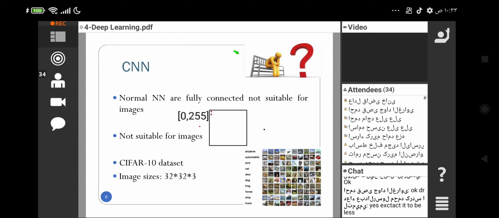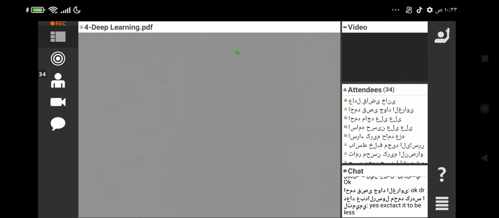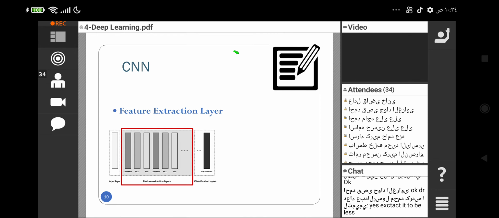But in the image data, in the text data, in the sound data, in all of these complicated data, we have to do feature extraction. We have to build some features from the original data. That's what we are doing in CNN. The most important part of CNN is feature extraction.